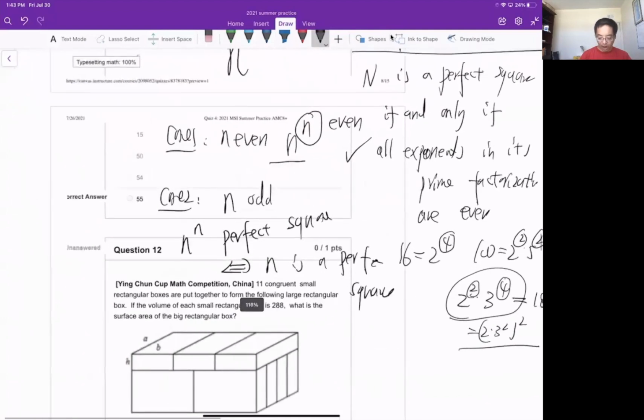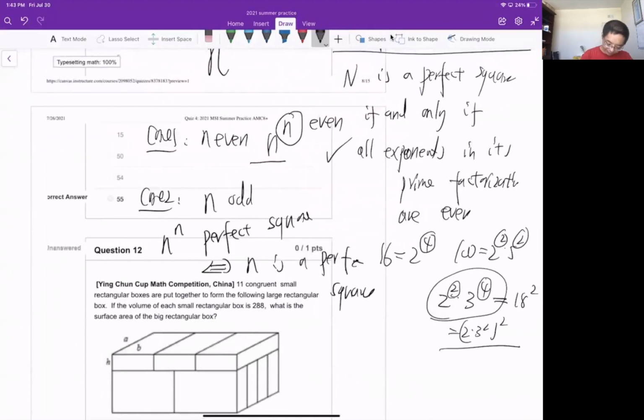Now you say, why is that? Let's look at an example. Say n is odd. Of course, we can use pure algebra to demonstrate this, but to simplify the presentation, I just use a specific example. Let's say n equals 3 to the power k times 5 to the power j.